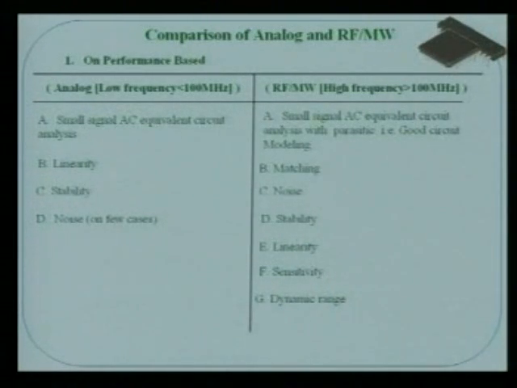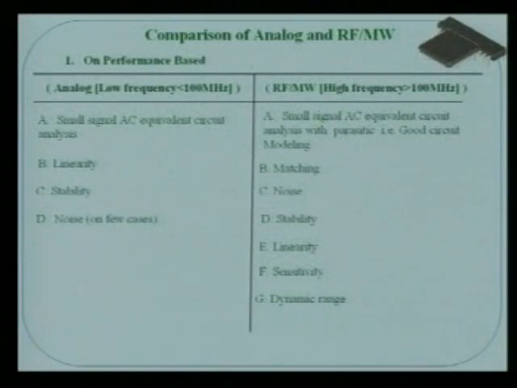So now you have a little bit of background of analog design. Let's try to figure out what additional ideas or care you need to extend from analog design to RF design. You must have learned that analog design is primarily small signal AC equivalent circuit.